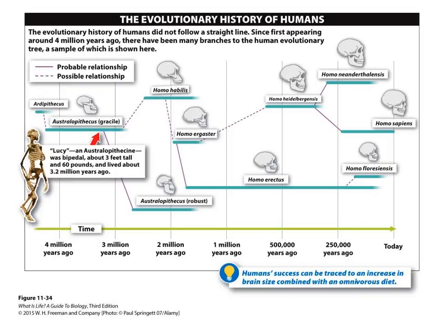Up to this time, all of human evolution had taken place in the southern and eastern parts of Africa, but about 2 million years ago, one branch, represented by Homo erectus, migrated out of Africa and spread through Eastern Europe and Asia. So that's where we finally start seeing fossils of humans in continents besides Africa.